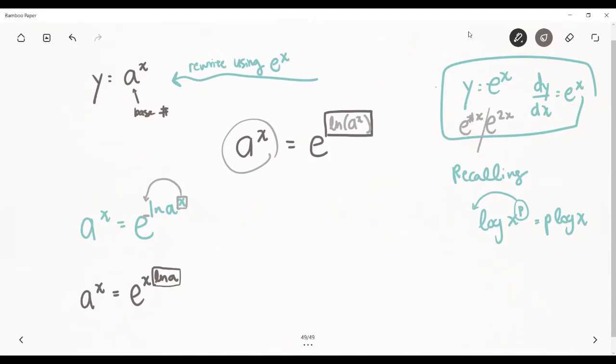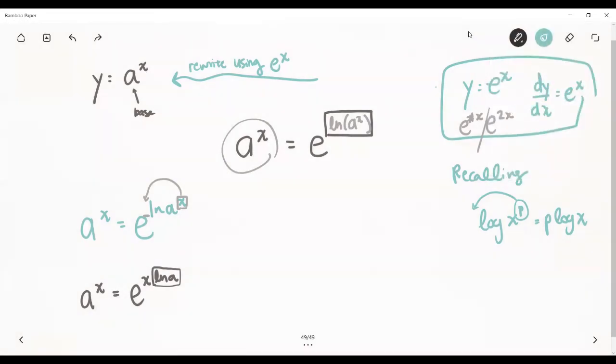That number is going to remain the same value, and therefore natural log of a constant is just a number. So now we have the situation e to the x, right? E to some number times x, and we know how to deal with that with chain rule. And so we're all set up to go here.